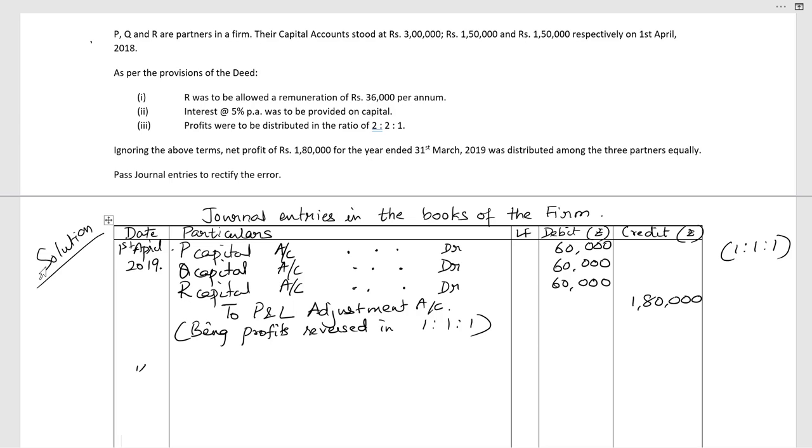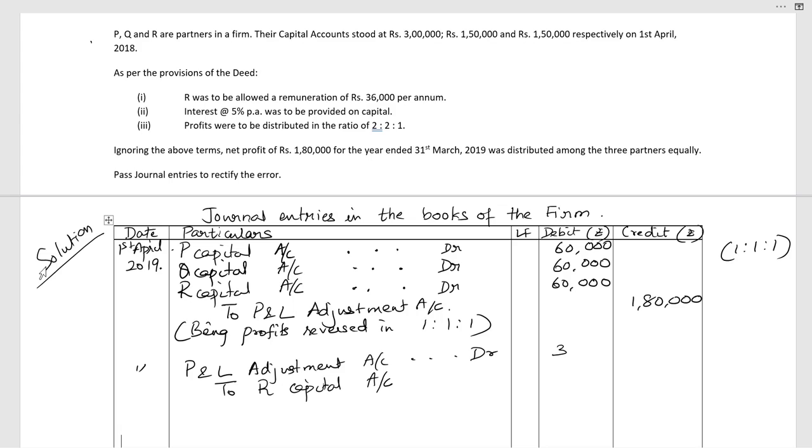The next journal entry is to give remuneration of 36,000 to R. For allowing a remuneration to R, I need to credit R's capital account. So I will debit the profit and loss adjustment account, debit to R capital account.